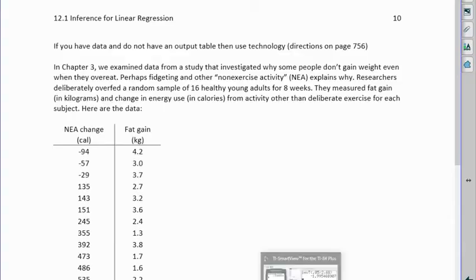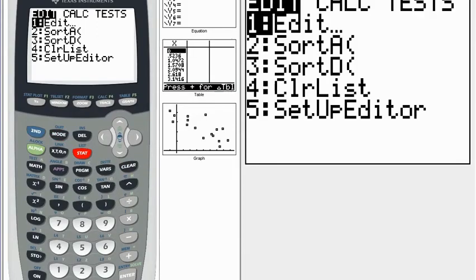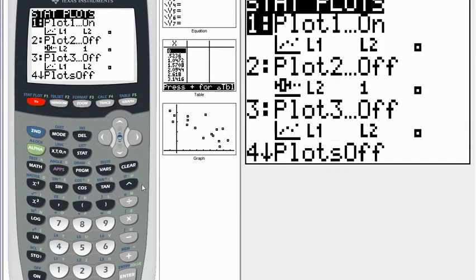So one last example, and this example is in the book, but we can look at how using a calculator can really be helpful. I've entered this data into L1 and L2. This is for fidgeting and calorie burning. Having entered that data into L1 and L2, I would check my plots.